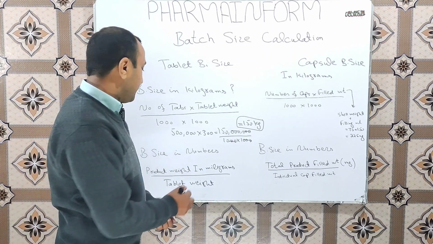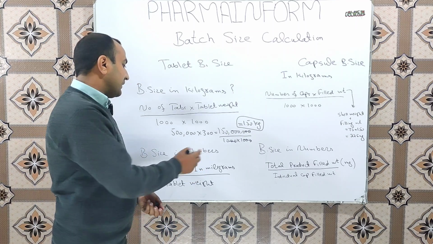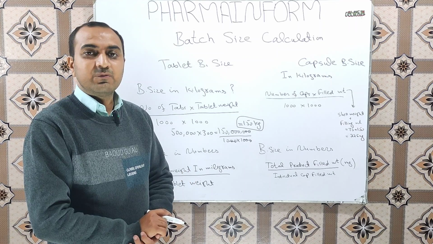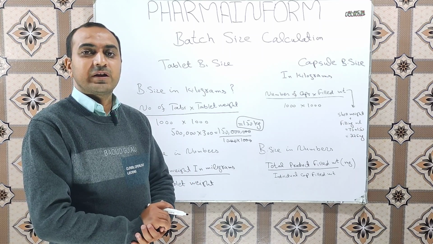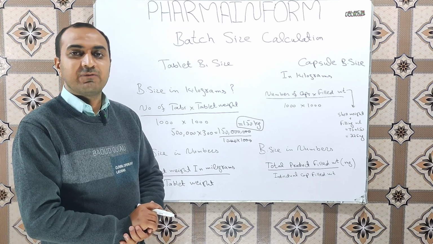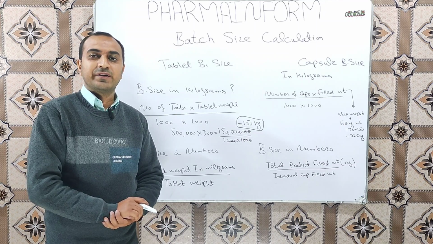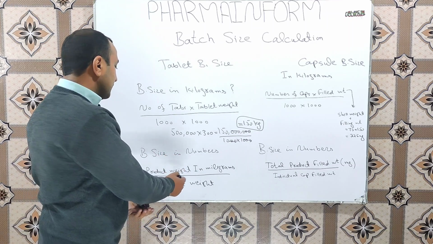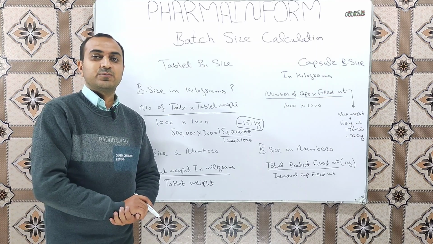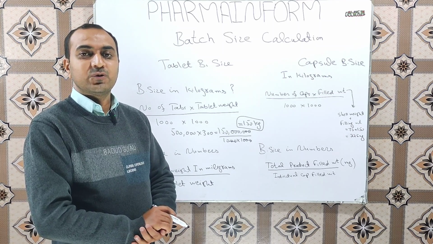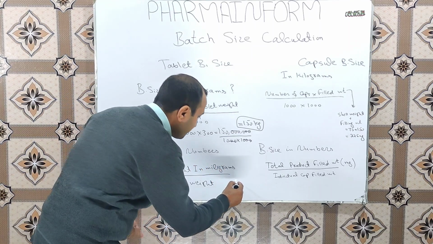For it we will use the formula: product weight in milligrams divided by the tablet weight. We take the weight of our granules or powder, convert it into milligrams, and then divide it by the individual tablet compression weight. Suppose we have a granules batch size of 50 kg.